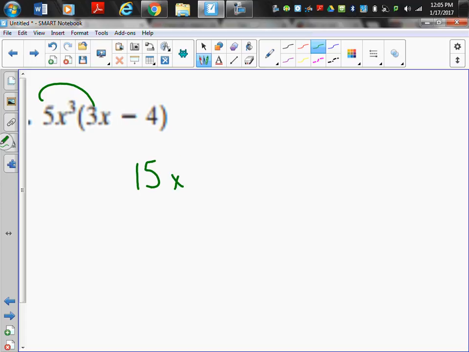So this is going to be a minus 5 times 4. And there's no variable here, so it keeps the first one. That's your answer.